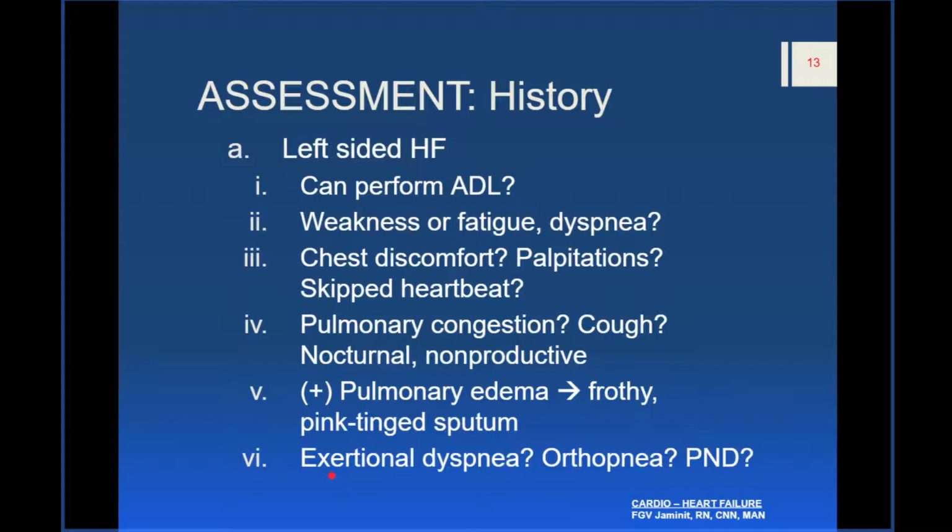And of course, check for presence of paroxysmal nocturnal dyspnea. PND is actually difficulty of breathing at night. Usually the patient is sleeping, lying flat on bed, and suddenly wakes up gasping for air. No? So that's because of presence of pulmonary congestion actually.